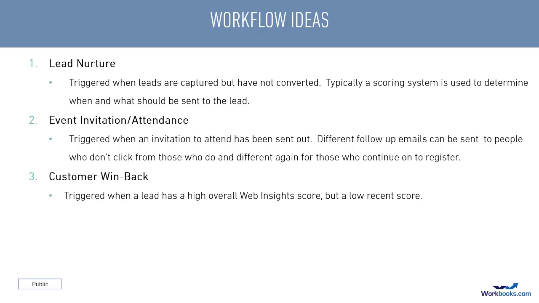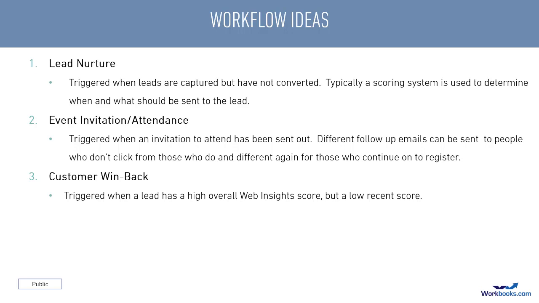With invitations to events, you could send different reminders about the event depending on whether or not the recipient clicked on the link in the original email, and maybe a last chance to register email to people who haven't signed up a week before, but a we're looking forward to seeing you type of email to those who have registered. In the third example, maybe you've got some customers who don't seem very engaged with you. Perhaps their total Web Insights score is high, but they haven't interacted much recently, and you want to reinvigorate their interest. You could send different communications depending on their level of recent score.